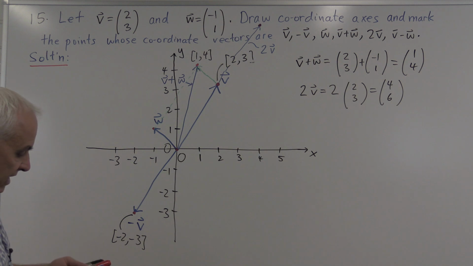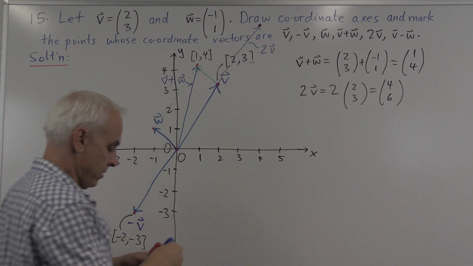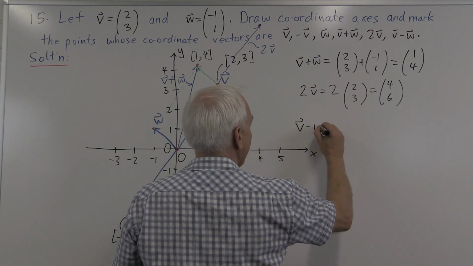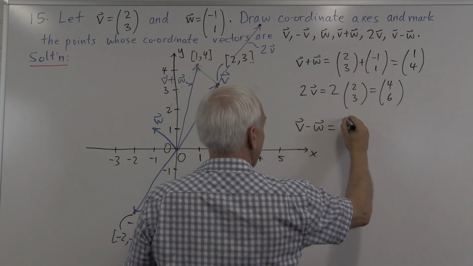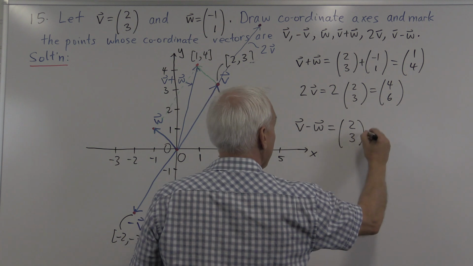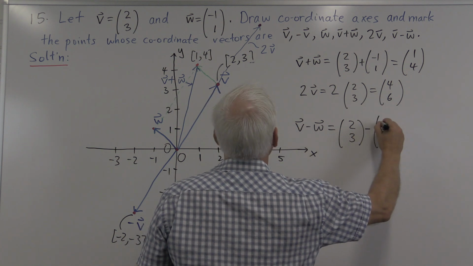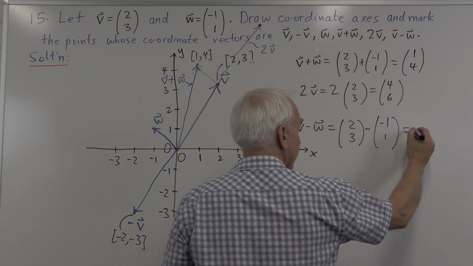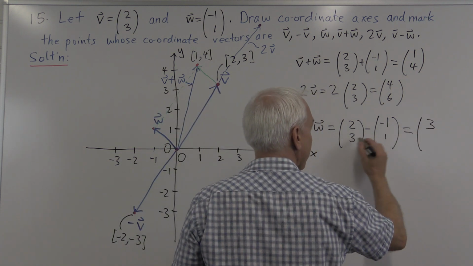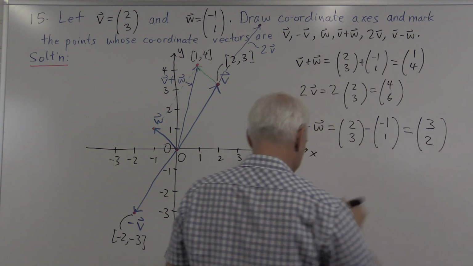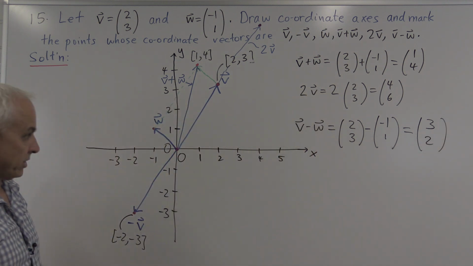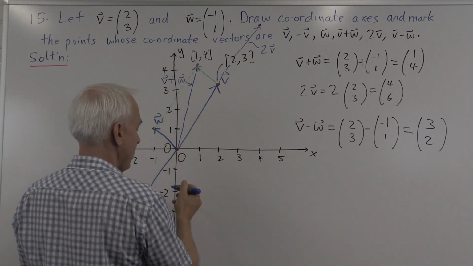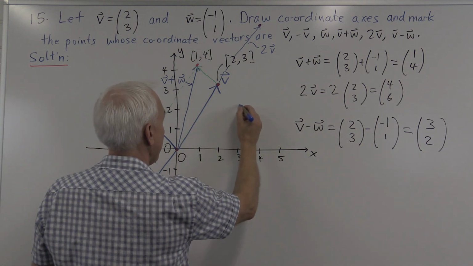And finally, we have v minus w. V minus w, which we compute using the coordinates 2, 3, minus 1, 1, which is 2 minus 1 is 3, and 3 minus 1 is 2. And where is that? That's 3, 2. 3 this way, 2 this way. So we're up about there.